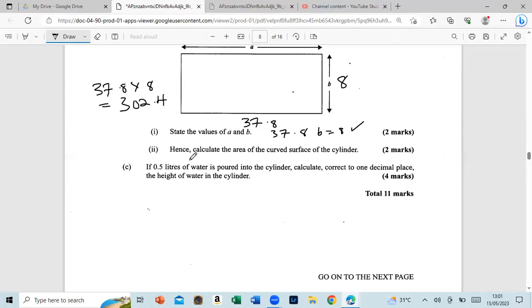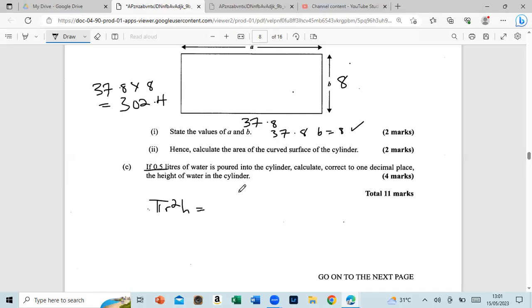Alright, let's say hence calculate. It says if 0.5 liters of water is poured in the cylinder, calculate, correct to 1 decimal place, the height of the water in the cylinder. So let's go back to what we know. We know that it's pi r squared h, and it must equal 0.5 liters.